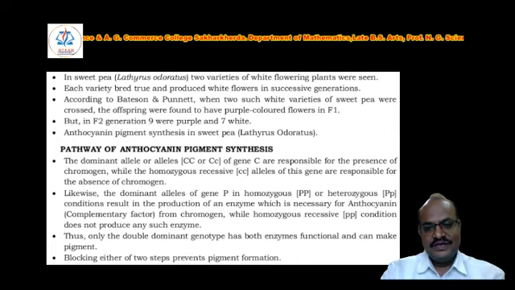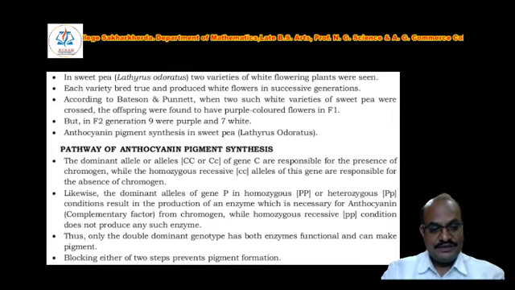Here in the sweet pea plant, two varieties of white flowering plants are seen. Both express white flowers. Each variety breeds true and produces white flowers in successive generations.